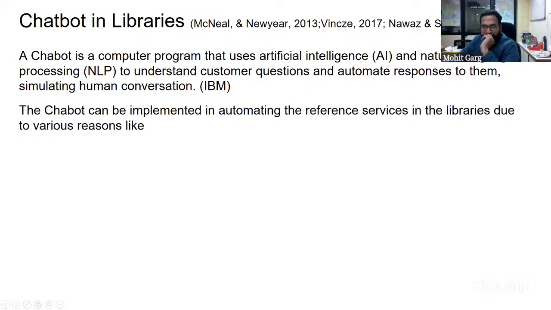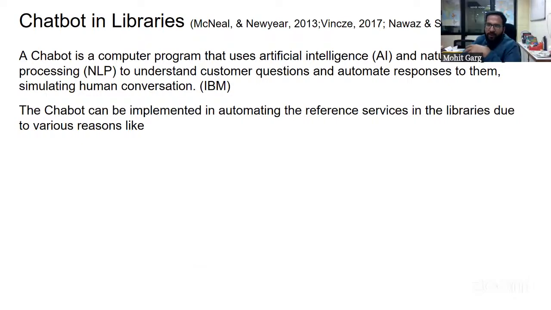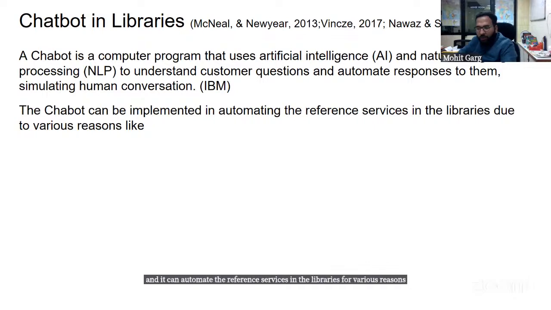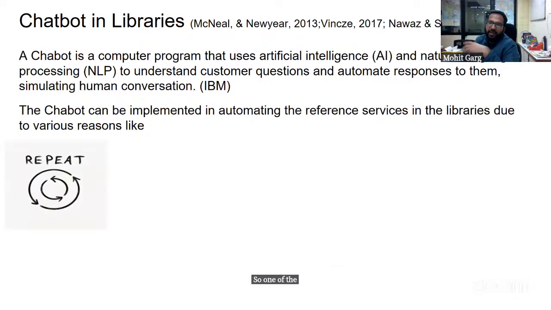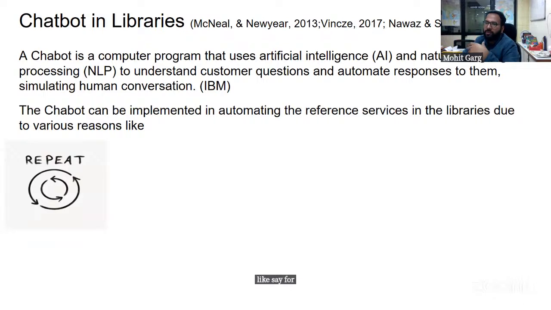So, a chatbot in a library has many applications, and it can automate the reference services in libraries for various reasons. One important reason is that in libraries we are asked repetitive queries. For example, how many books can I issue?